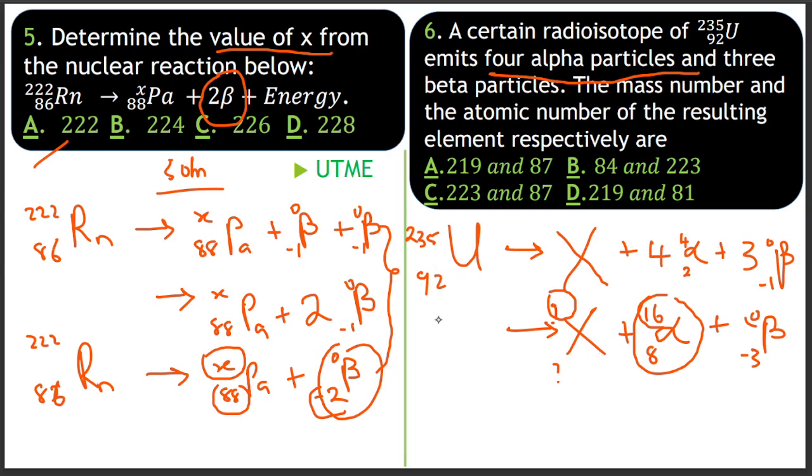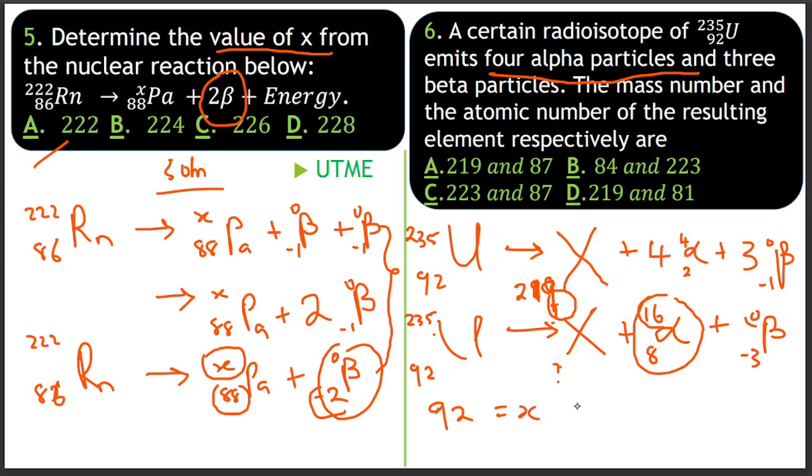So it will be 235, and then here is 92. So 235 minus 16 will give us this one, 219. So 235 minus 16 will give us 219. And here, 92 minus 8. So I can do something like this. 92 is equal to, I can call here X if I like.